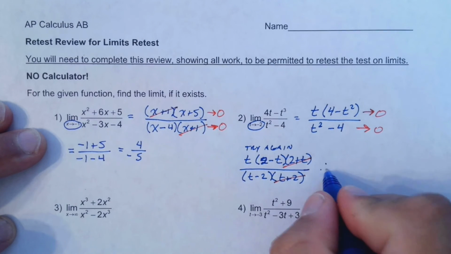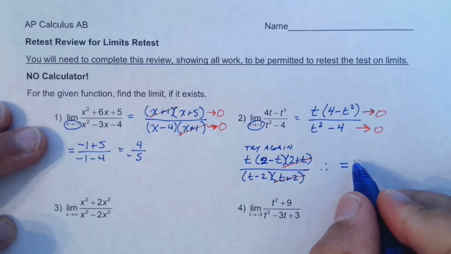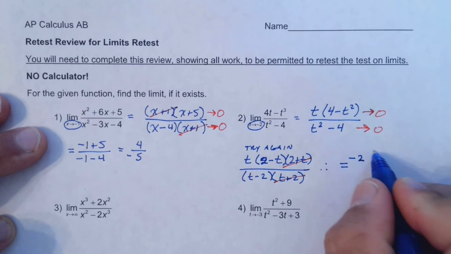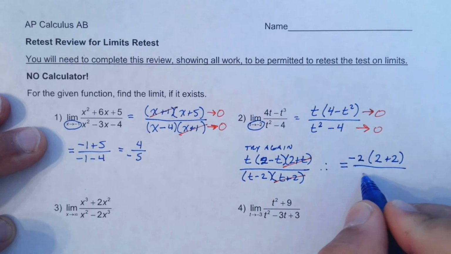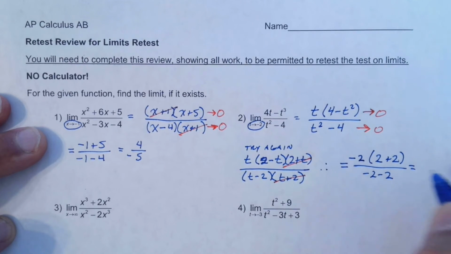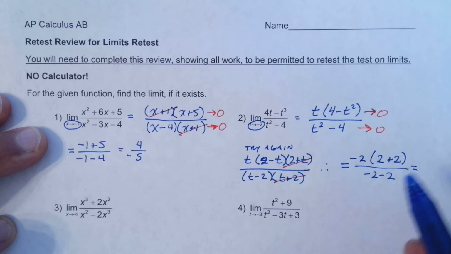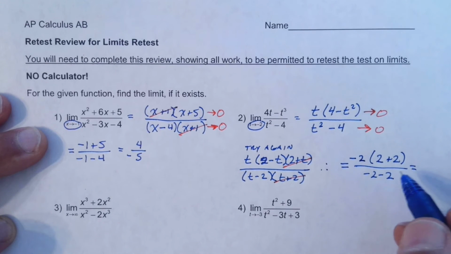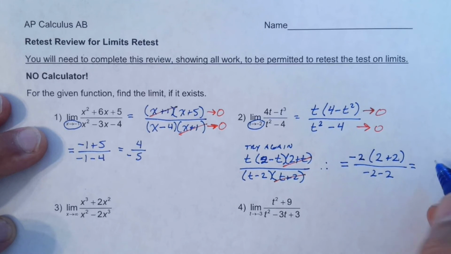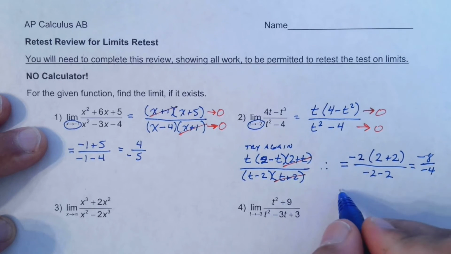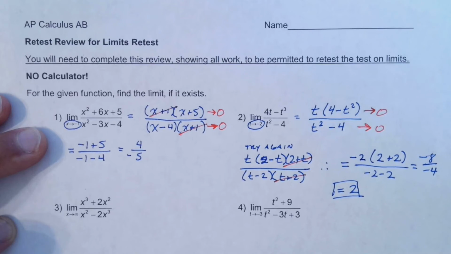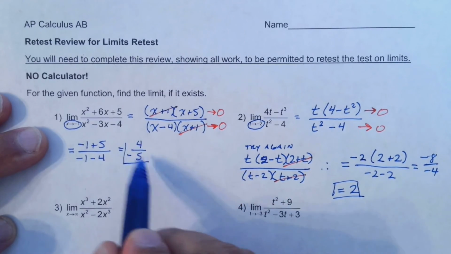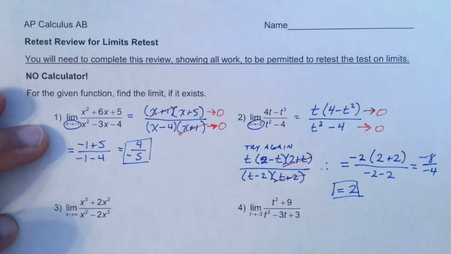And so therefore, now when I substitute in -2, I'm going to have -2 times 2 plus 2 all over -2 minus 2, which is going to give me 4 times -2. That's going to be -8 over -4. So I know that then my final answer is going to be 2. All right, and it does help to box your answers.